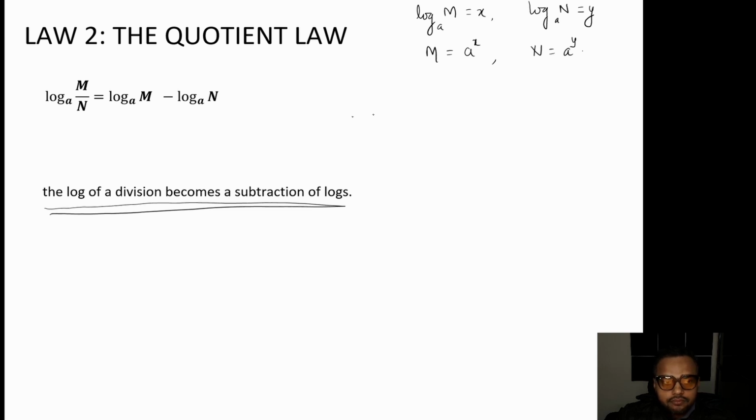Now we calculate m by n. If we divide these terms, we get a raised to the power x upon a raised to the power y.